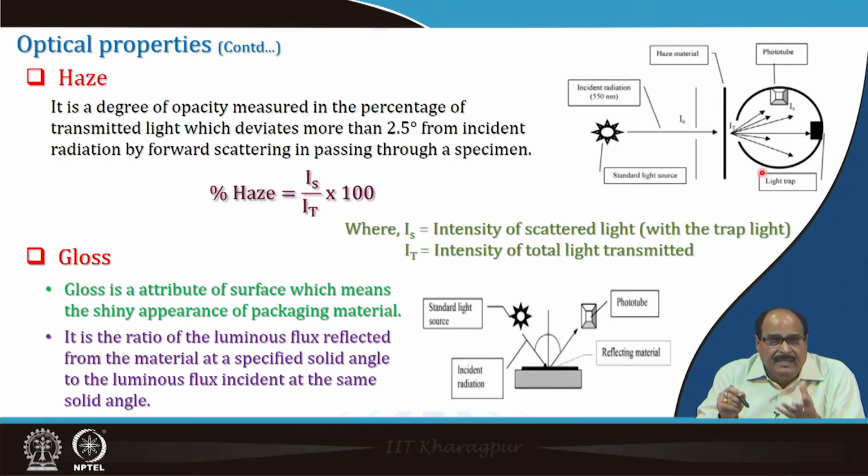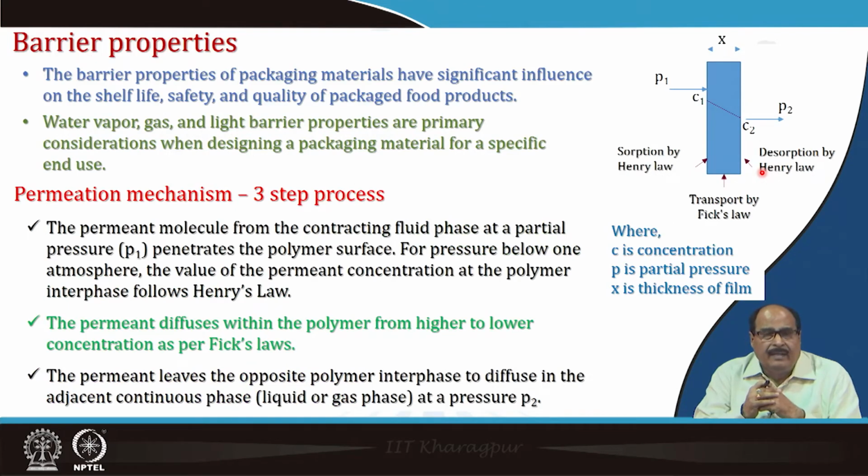Gloss is an attribute of surface which means the shiny appearance of packaging material. It is the ratio of the luminous flux reflected from the material at a specified solid angle to the luminous flux incident at the same solid angle. You can see this here.